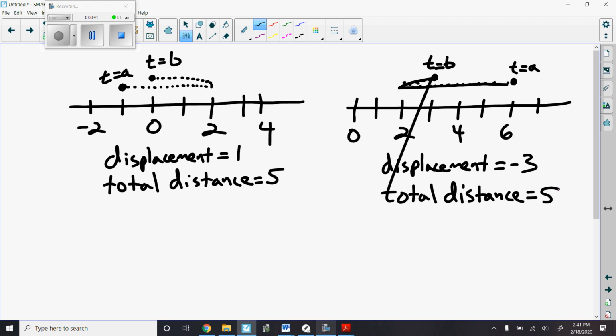Well, your displacement would be 0 because you started and finished in the exact same spot. What would your total distance traveled be? Well, you went 5 miles to school, 5 miles home from school. That's a total distance of 10 miles. So this idea of total distance and total displacement can be different numbers. They can also be the same, right? Sometimes they are the same, as long as we're only going in one direction.